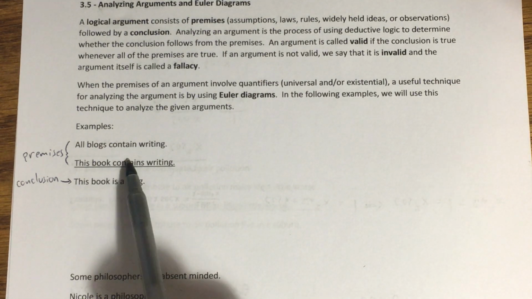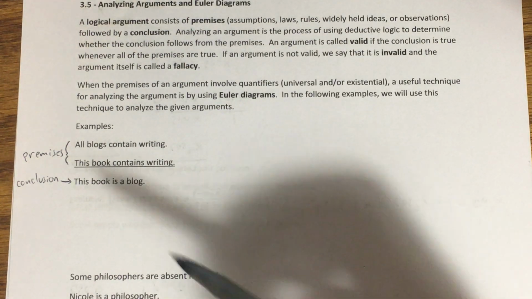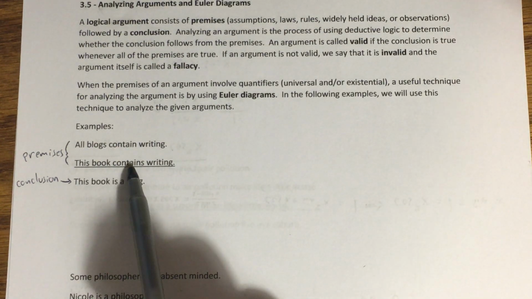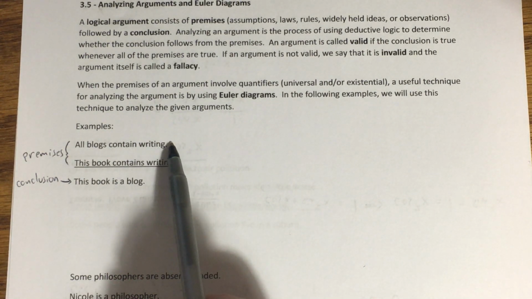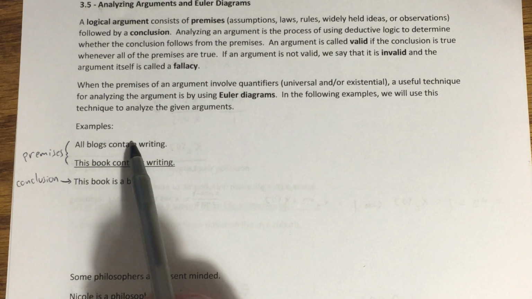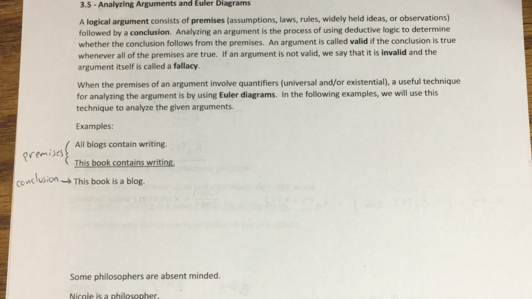Whether or not these premises hold up in reality, for the sake of analyzing an argument, we automatically assume that all of the premises are true. And that way, we're not worrying about trying to find evidence for these. We're just trying to see that if they are true, does this conclusion also hold true under that assumption?